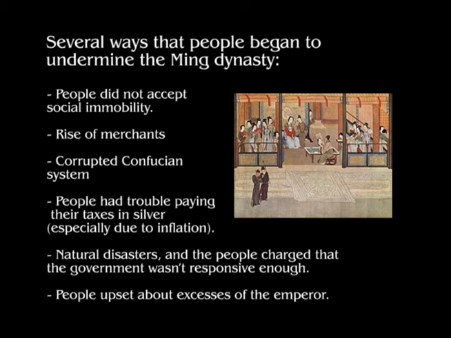So with these natural disasters and problems, people charged that the government wasn't responsive enough to their needs, and we have officials who really weren't all that interested in following the benevolent Confucian system. And at the same time, people saw that these scholar gentry and even the emperor had all this leisure time.